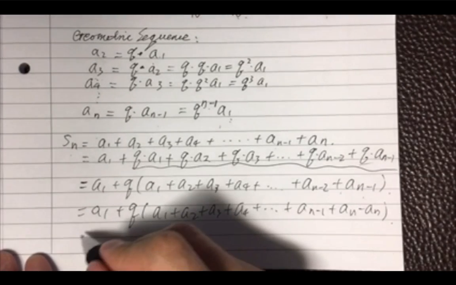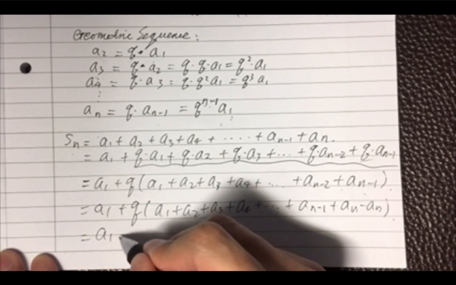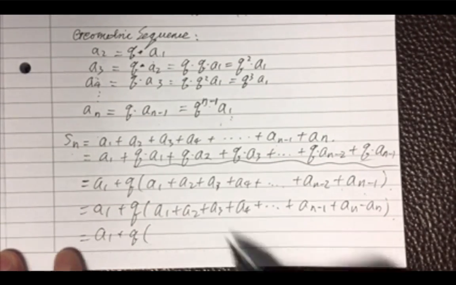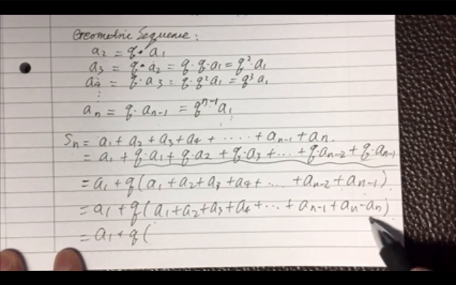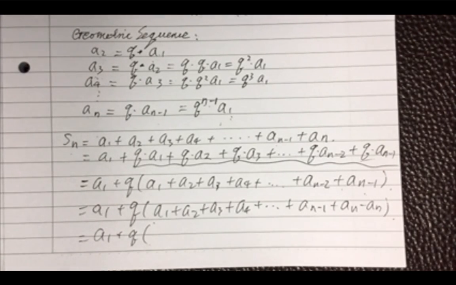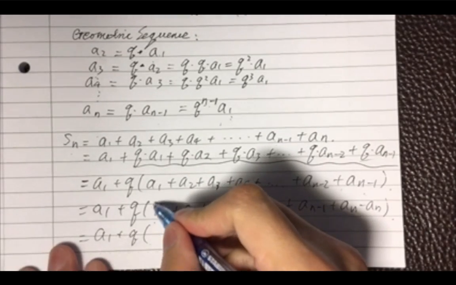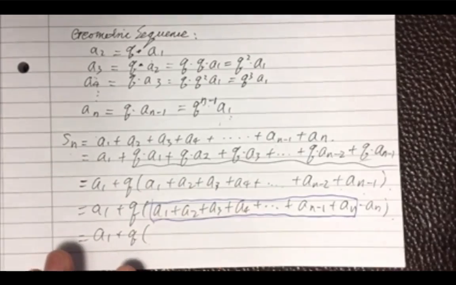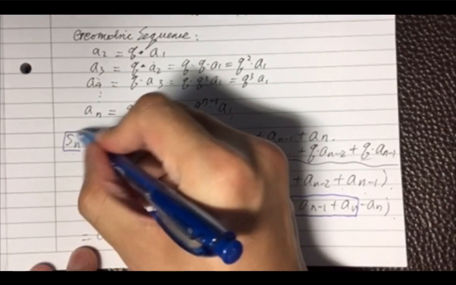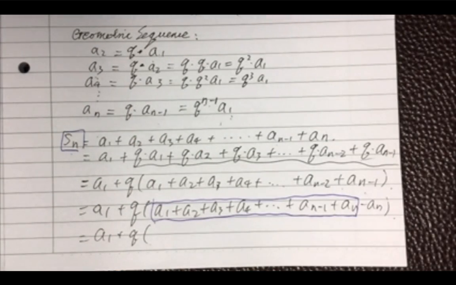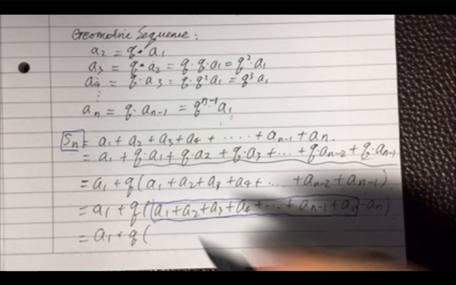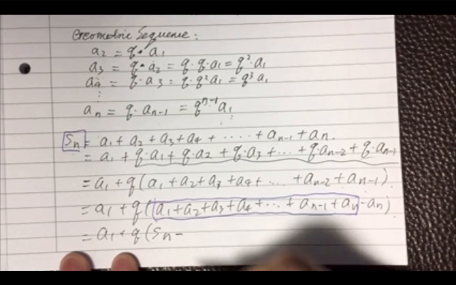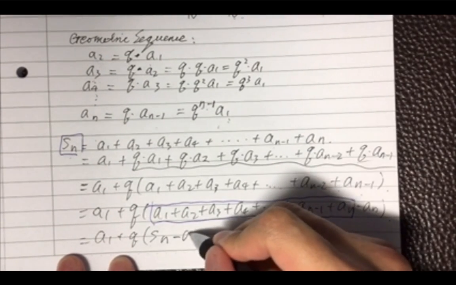So easily we get a1 plus q times the whole thing here. Let me use another color of pen. This whole thing here is just Sn, so it's Sn minus an.